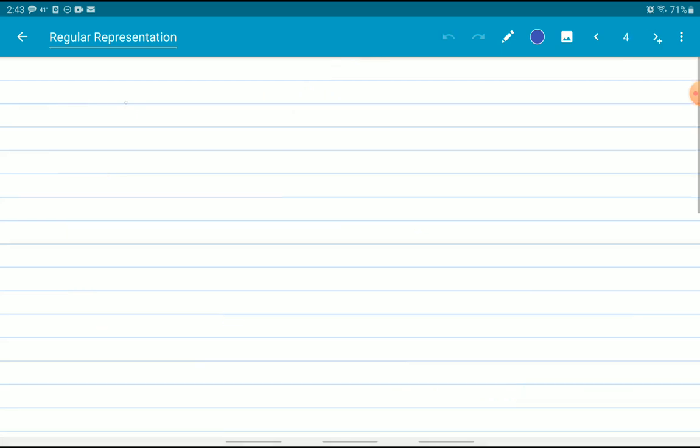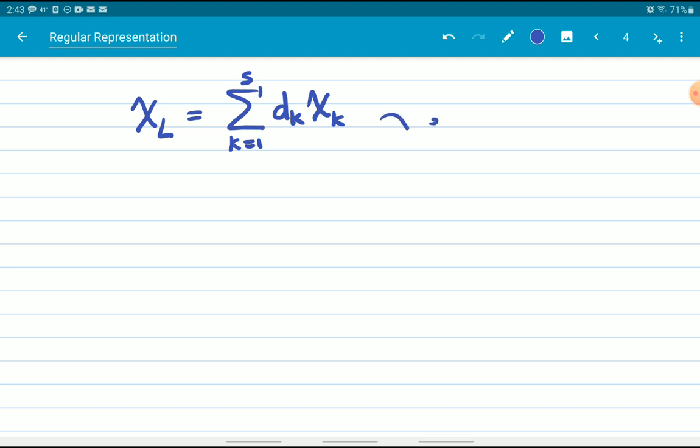For the final statement, what I'll do is I'll take the character of the regular representation, which we now know had better be a sum of the irreducible characters with the given multiplicities that we just showed are dk. And what we'll do is we'll evaluate these functions at the identity element.